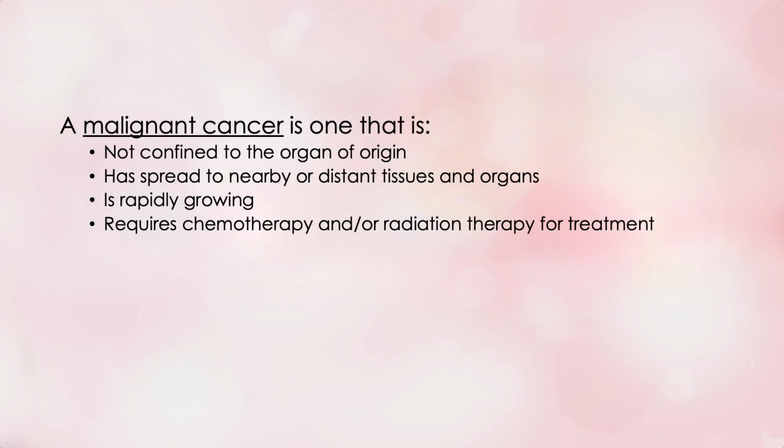A malignant cancer is one that is not confined to the organ of origin, has spread to nearby or distant tissues and organs, is rapidly growing, and requires chemotherapy and/or radiation therapy for treatment. So, if the staging reveals that there are distant metastases in other organs, there may be a need for chemotherapy or radiation therapy to kill the cancer cells in these distant sites.